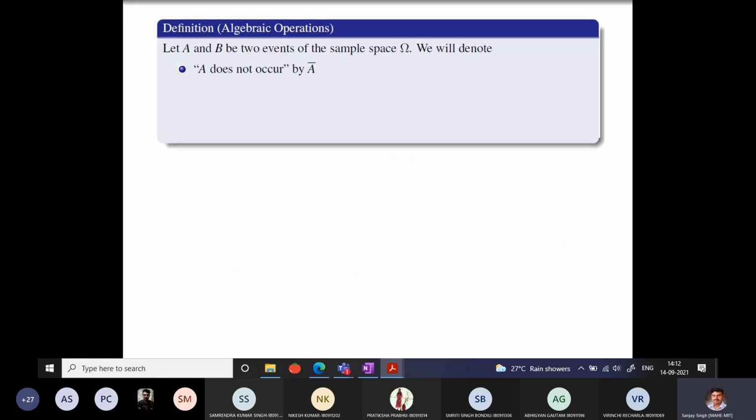And there are some algebraic operations we see. Say A and B are two events of the sample space omega. We denote that A does not occur by A complement.